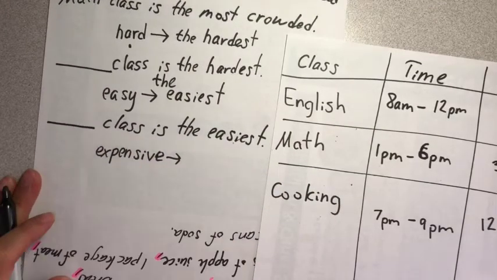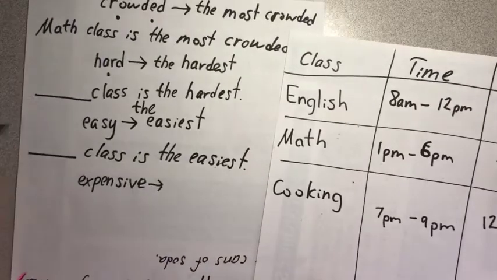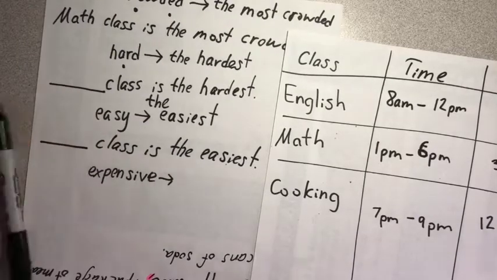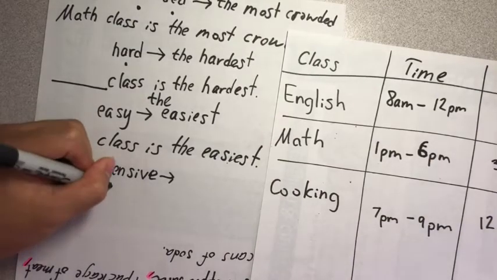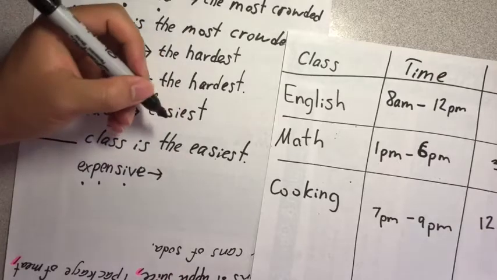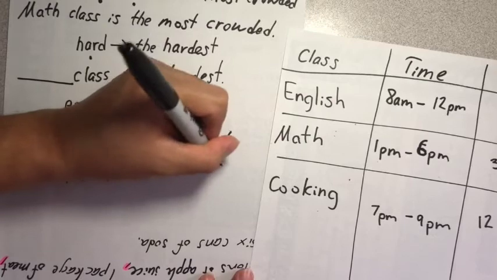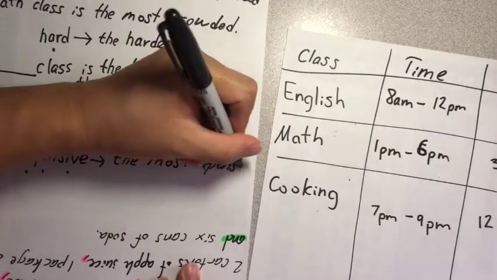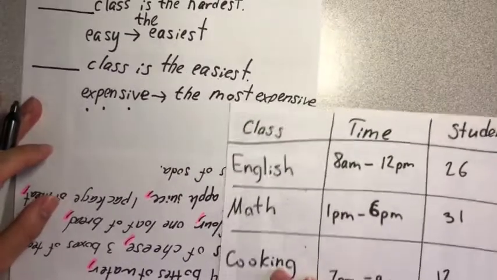And expensive. How do we say expensive for three things? Expensive has a lot of syllables. That's three syllables. So for a word with three syllables, we say the most expensive. Which class is the most expensive?